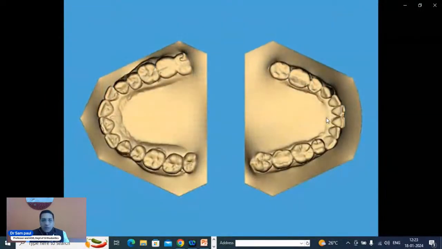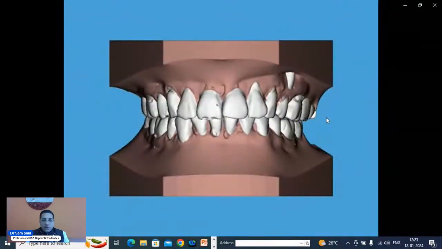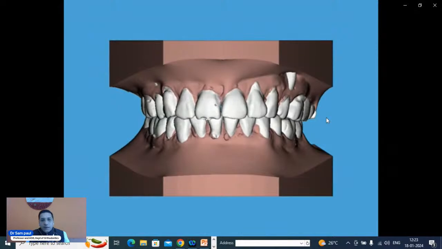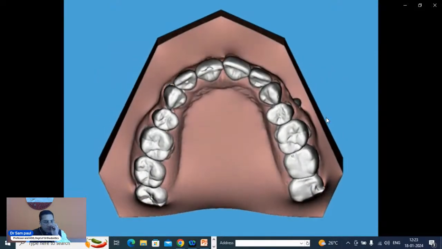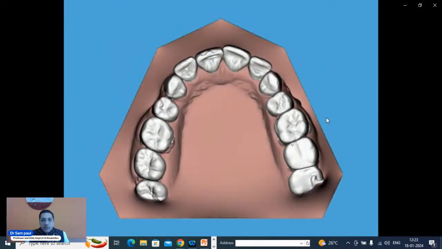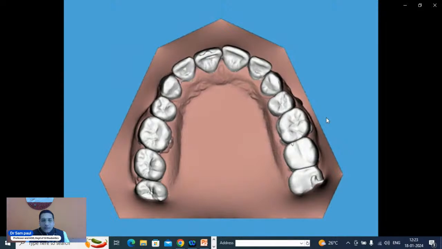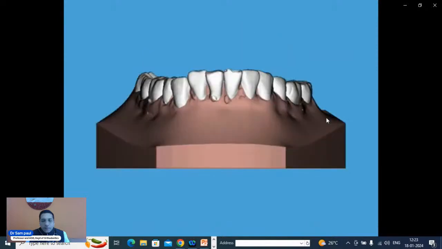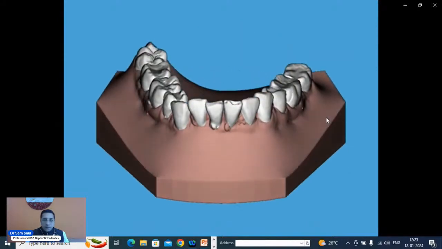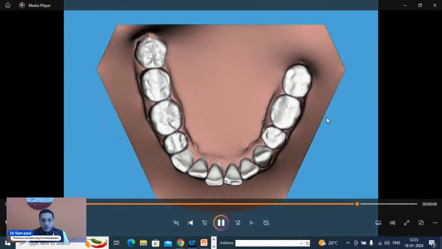So you can see it perfectly and you can show the patients. You can see the movement of the teeth in this simulated video. This is a maxillary occlusal view. You can see the expansion happening and the teeth getting into alignment. In the lower jaw, again you see the teeth are getting aligned.